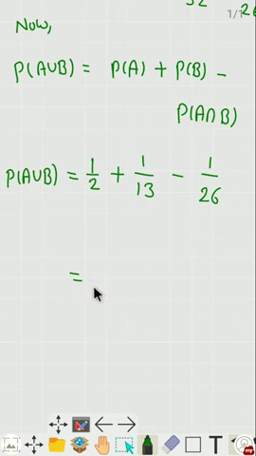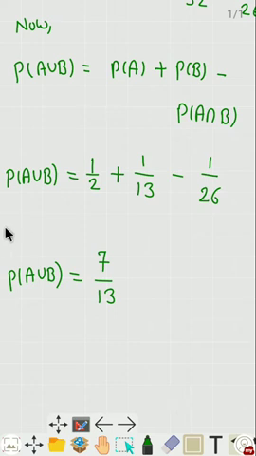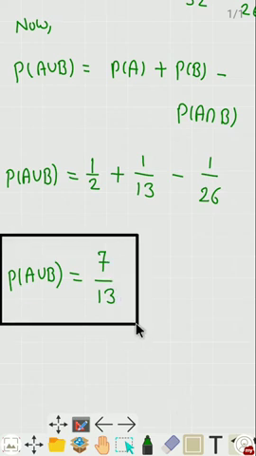If we calculate this value, we get 7/30. So the probability of getting either a king card or a red card is 7/30. This is the end of this question.